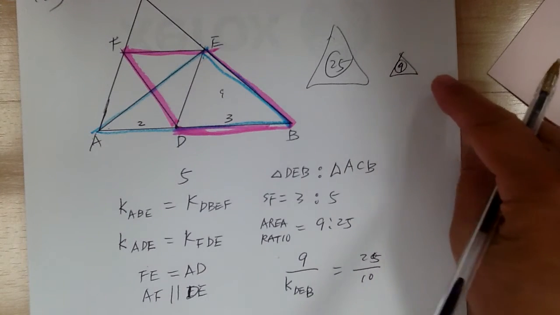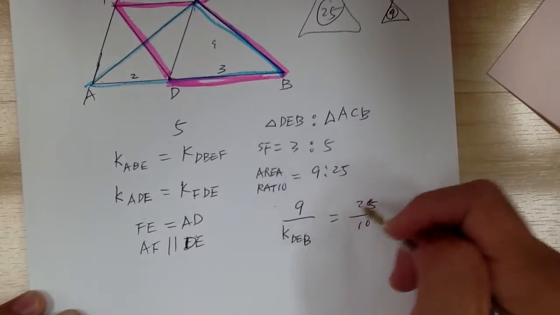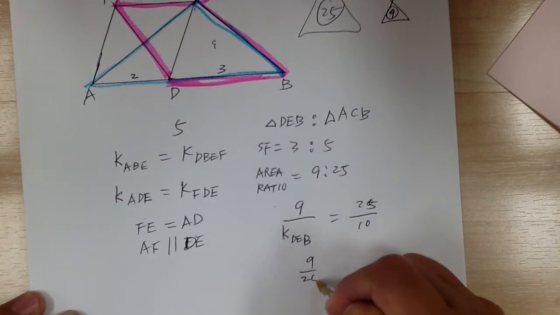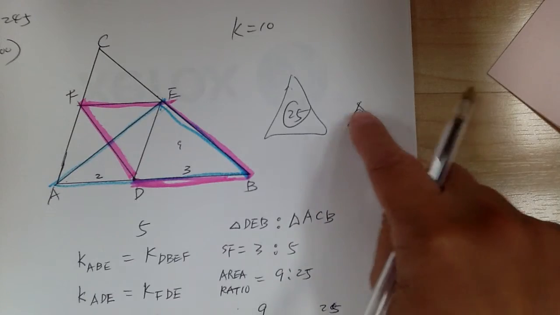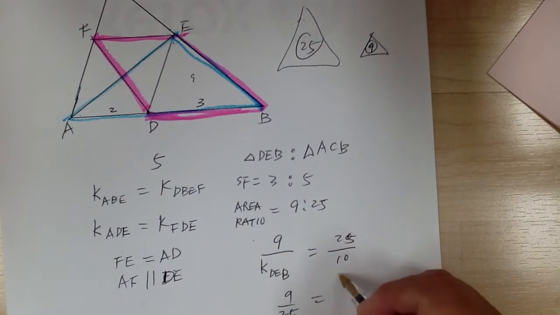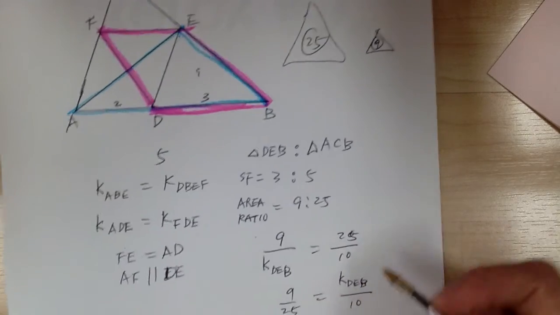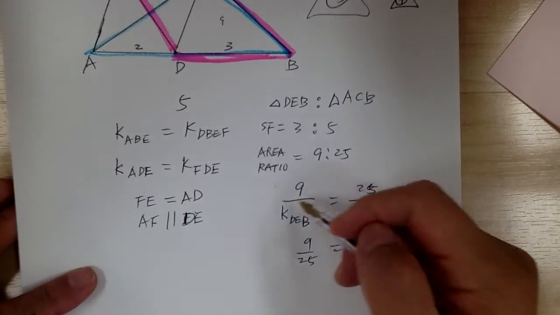Another way to write the ratio is 9 over 25, small over big, equal to the area of the small over the big area. This is probably easier to understand.